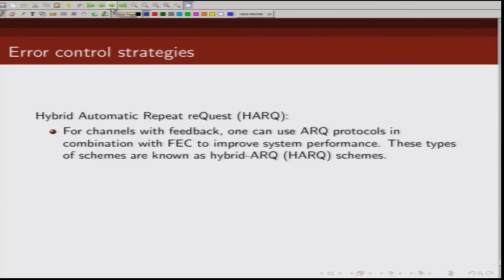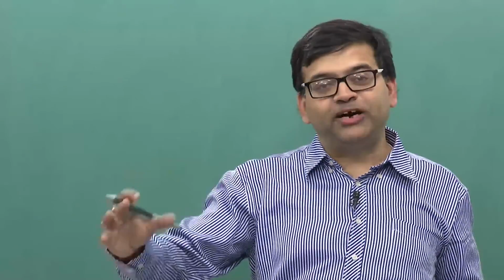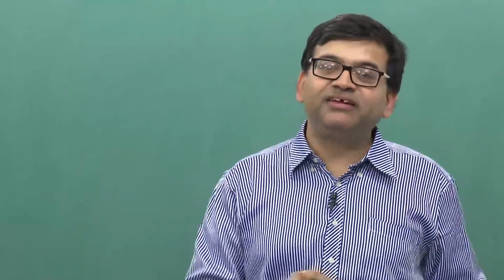A strategy that combines both forward error correction and ARQ is known as a hybrid ARQ system. In this, you send coded packets from transmitter to receiver. Now, if these coded packets are not received correctly, the receiver will send a negative acknowledgement, and then you will resend the same packet, or you will send some additional parity bits, and using those additional parity bits you will try to decode the original packet.